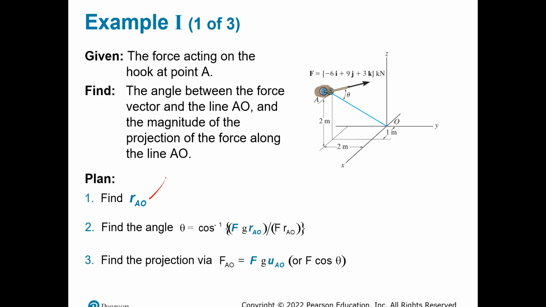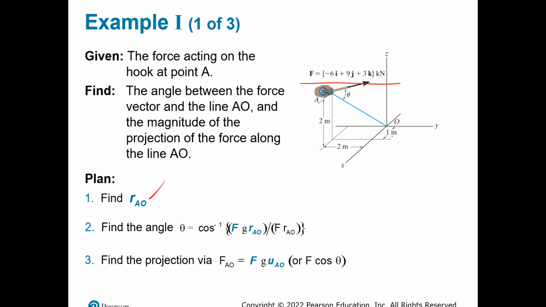The force acting on the hook at point A is given right here. Then they're asking us the angle between the force and the line AO, which is given by the blue line right there, and the magnitude of the projection of the force along AO.